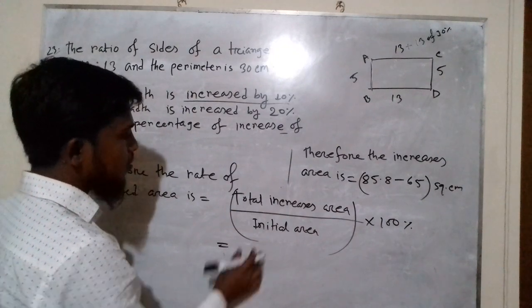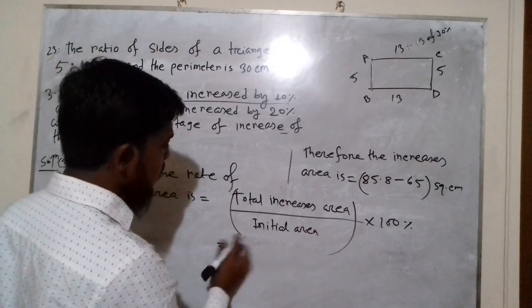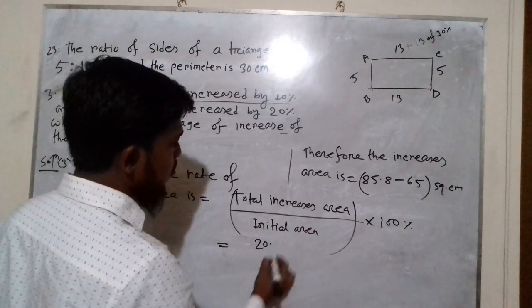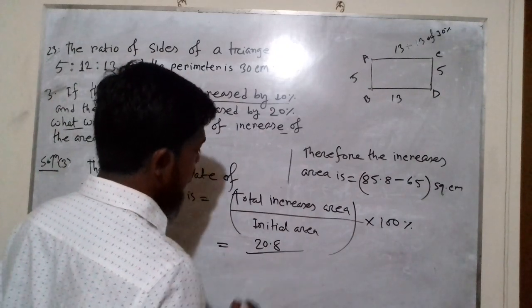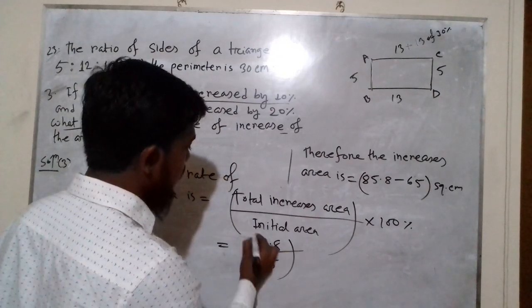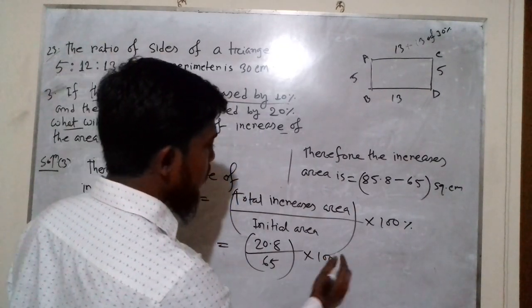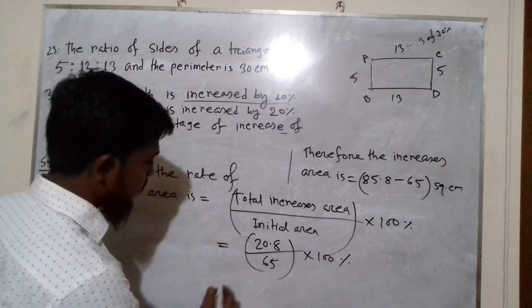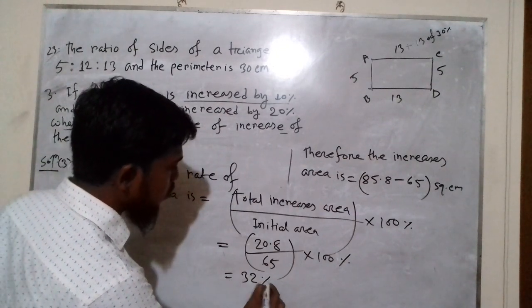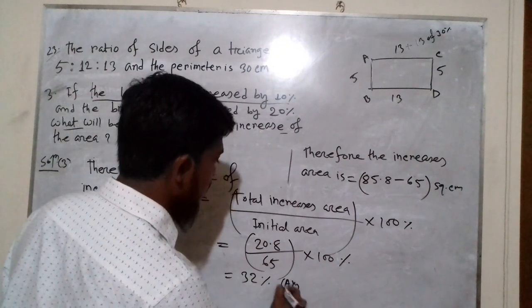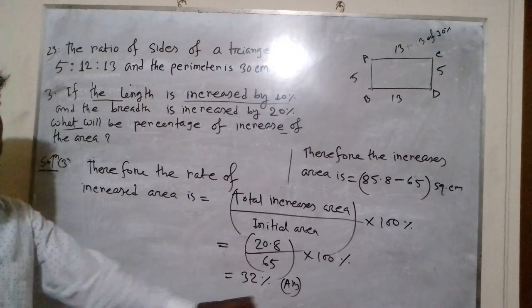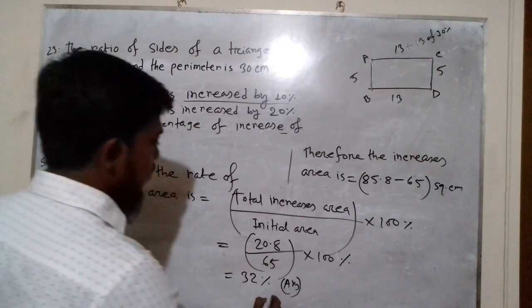So total increased area is 20.8, initial area 65, into 100%. So this equals 32%. This equals 32%. Answer.